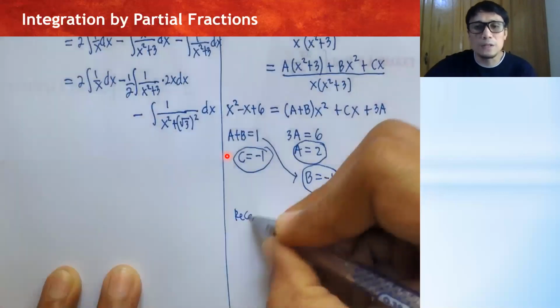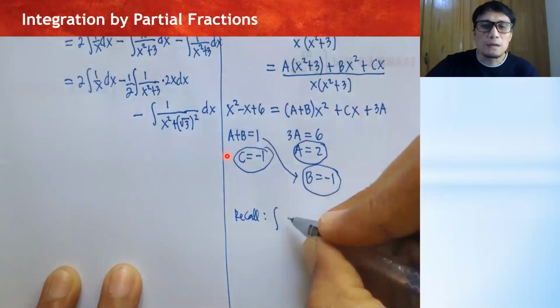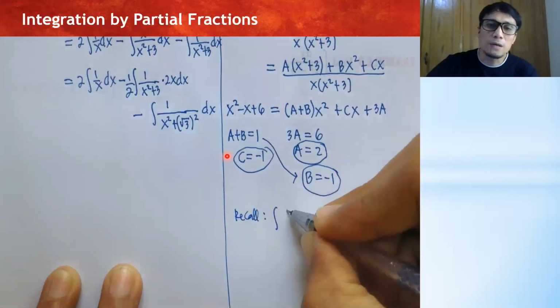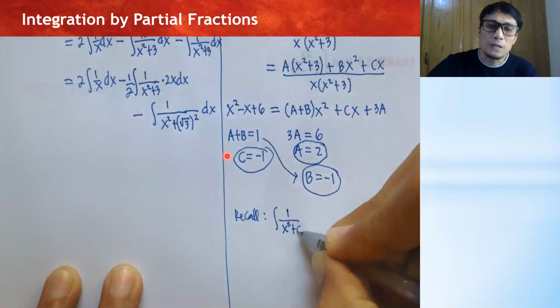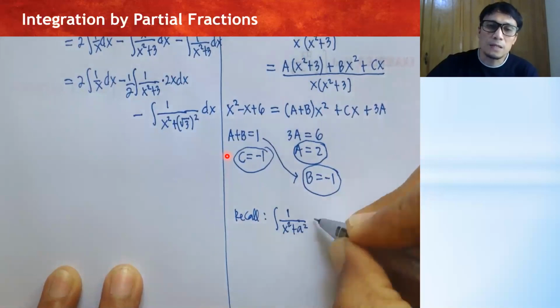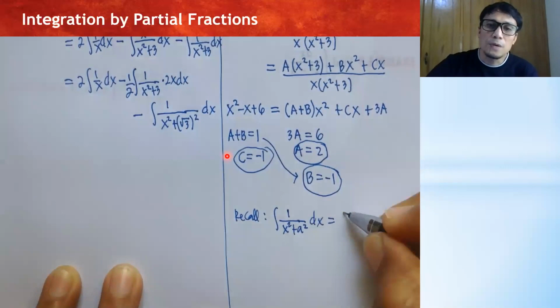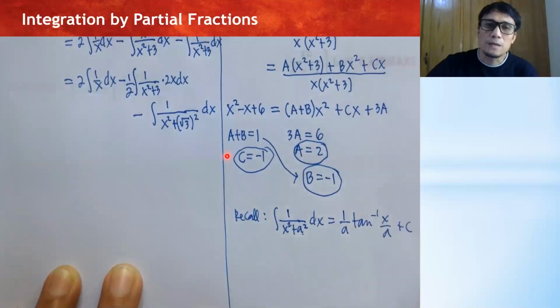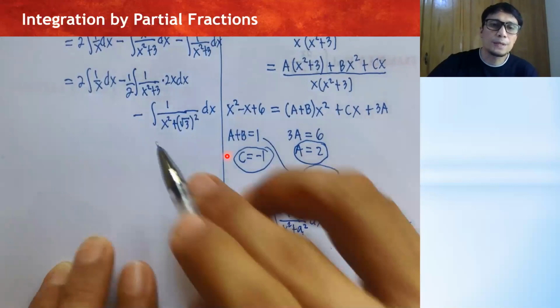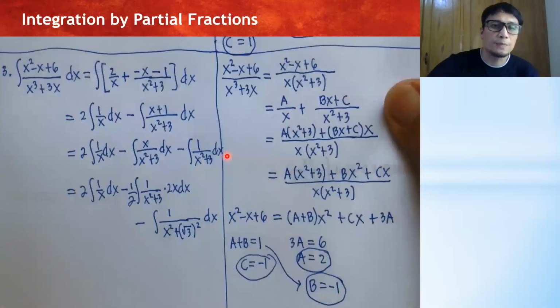Okay, recall this one. The integral of 1 over x squared plus a squared dx is equal to 1 over a times arc tangent of x over a plus C. That's for this particular term.